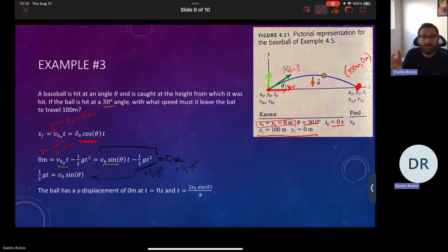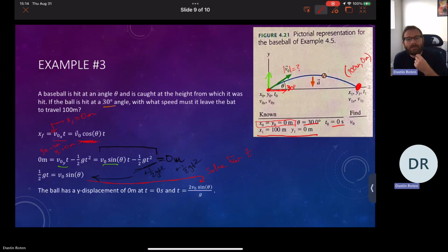We know what g is, but we're going to leave it as g. We know what theta is, but let's just leave it as theta. When we solve for this, we know that we can say one statement here. So this is us solving for t. You guys can do the algebra. I'm not worried about it. So solve for t.